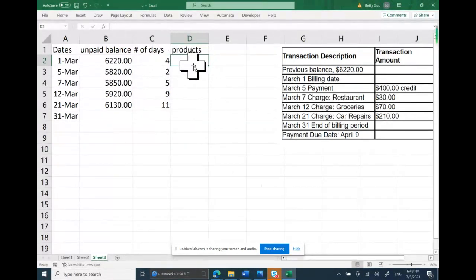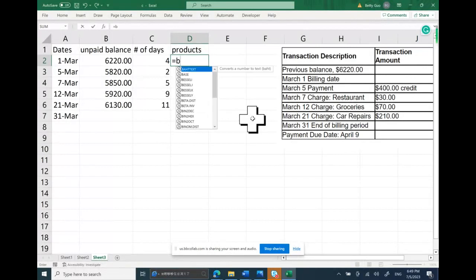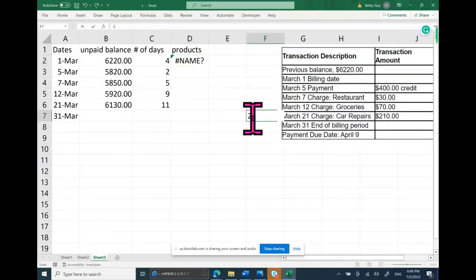The last column, products, this is what we do. We are going to multiply. Let me do this first.